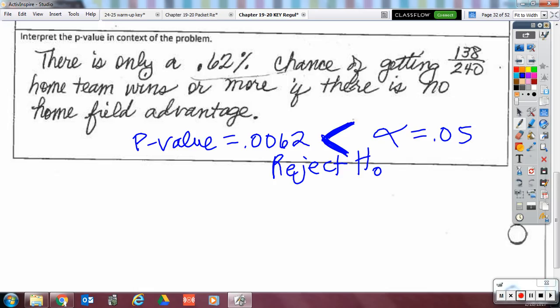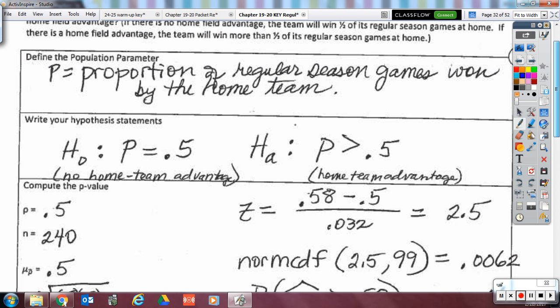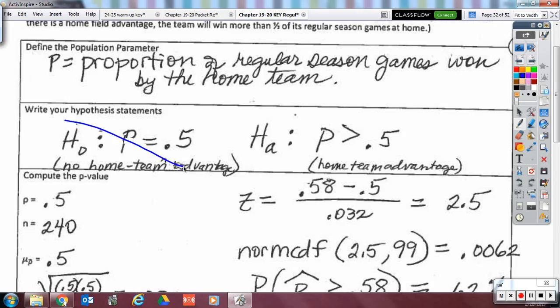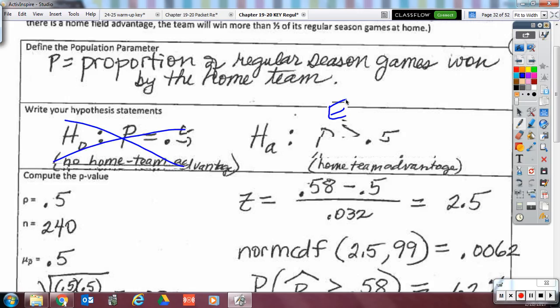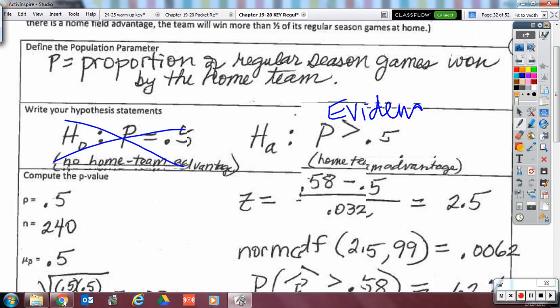Now we will make our sentence that has the evidence in it. Again, I rejected H0, so I have evidence that the proportion of home team wins is greater than 0.5.